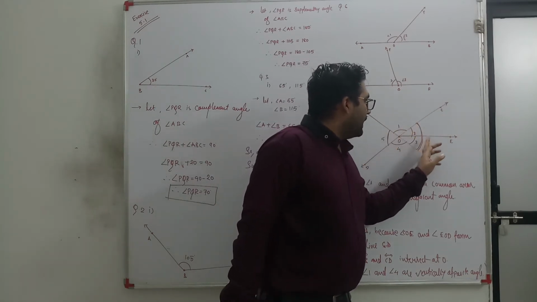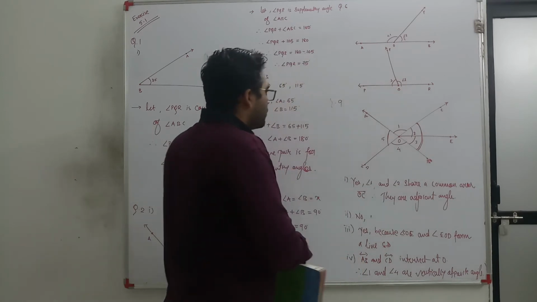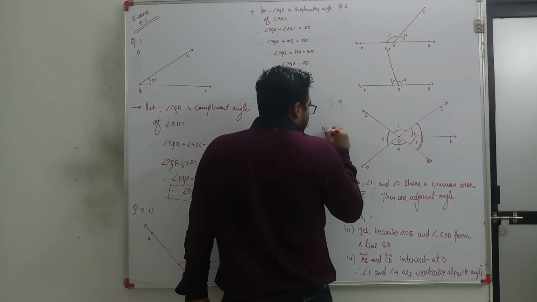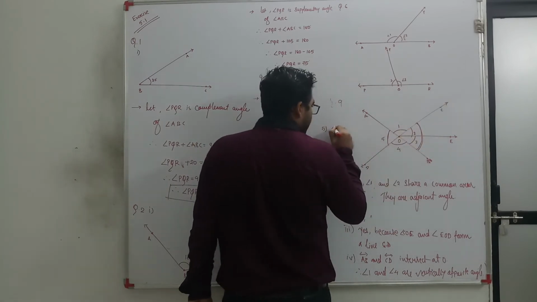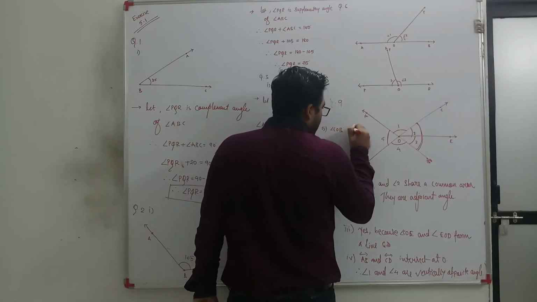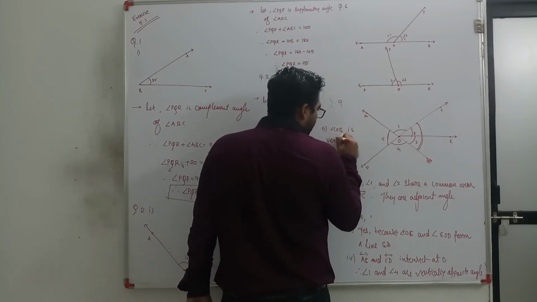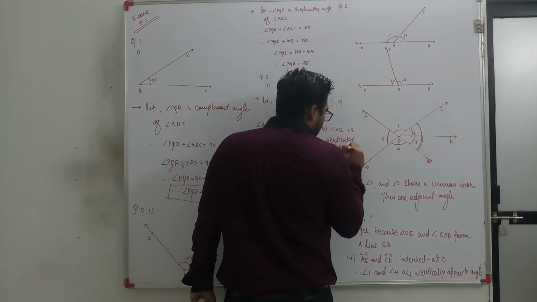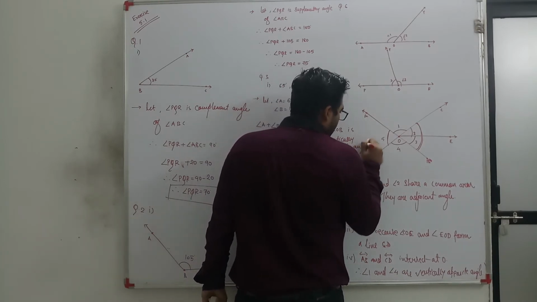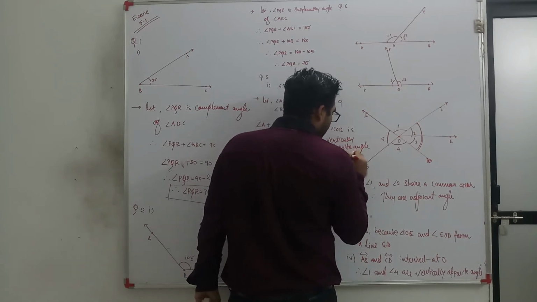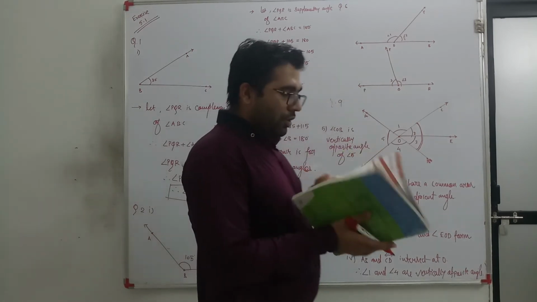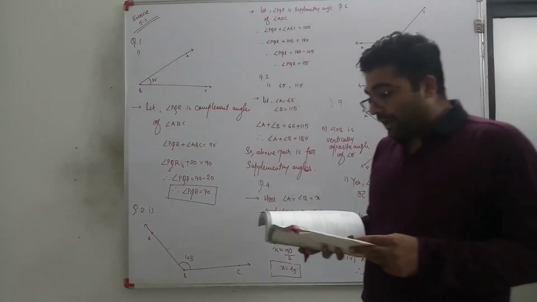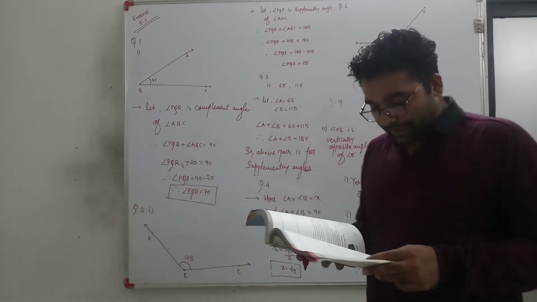Here I am writing the complete name for question number 5: angle COB is vertically opposite angle of angle 5. So this is the way that you need to use the properties, and by the properties you need to solve all the questions.